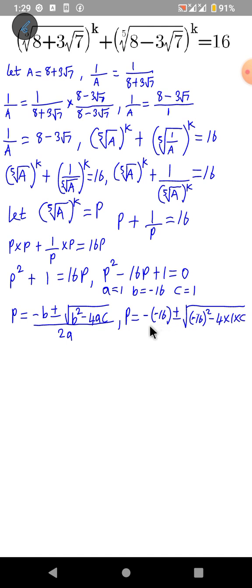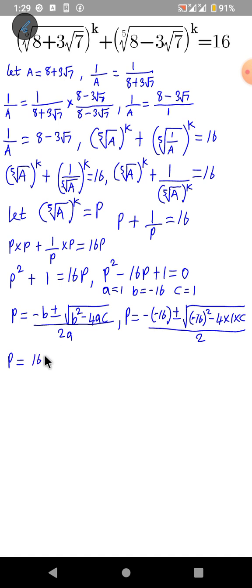Then we all over 2a means a is 1, so 2 times 1 will give us what? 2.